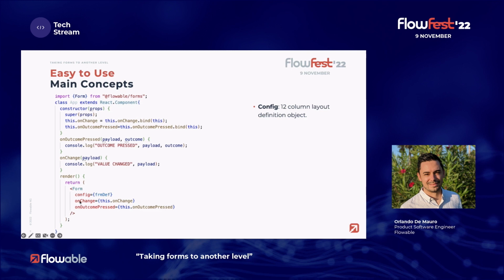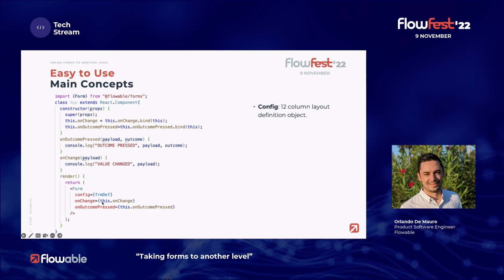And also we have other two properties that we can pass to the form, for example, the onChange, that will be called every time there is a change of the internal state, like due to a user interaction or due to an expression evaluation internally.